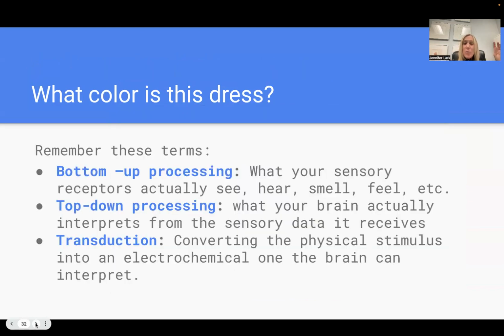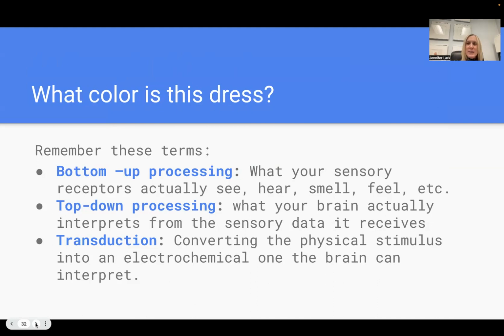So why does this happen? So remember, bottom up processing is what your sensory receptors actually see, hear, smell, feel, etc. So in the instance of the dress, what your receptors are seeing. Top-down processing is what your brain interprets from the data that it receives, and then transduction is converting those physical stimuli into neural impulses that the brain can interpret.